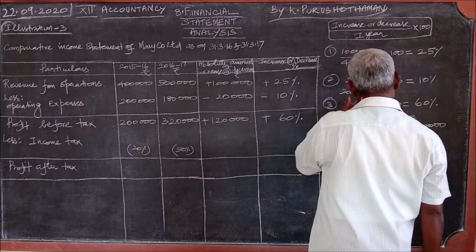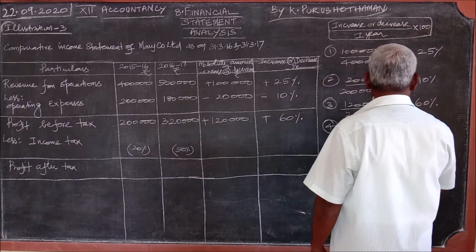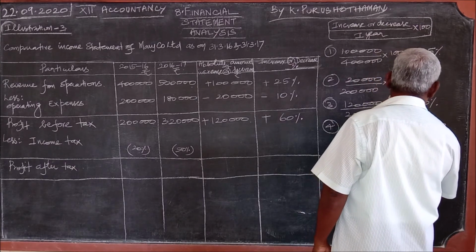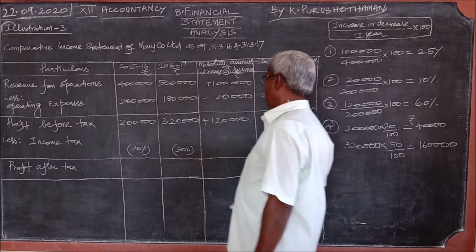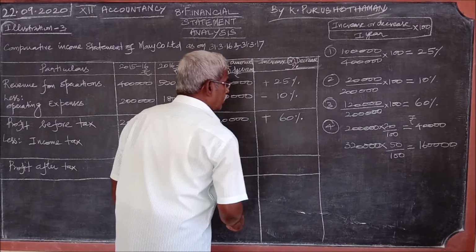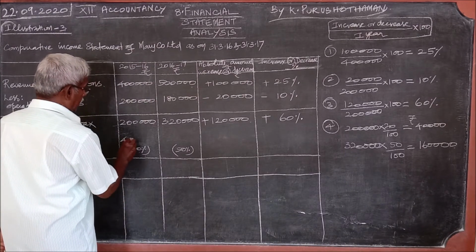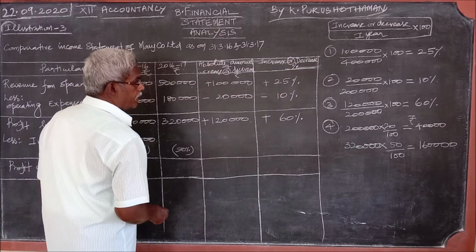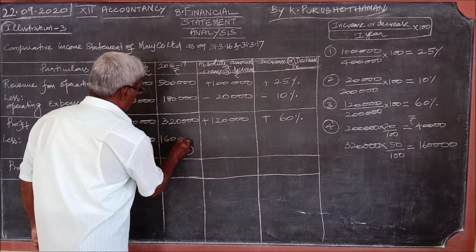Half of 3,20,000 is 1,60,000. So, for the first year income tax 40,000, second year income tax 1,60,000.